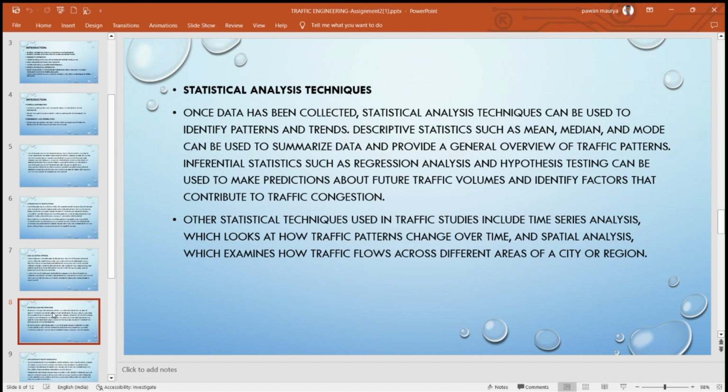Statistical analysis techniques. Once data has been collected, statistical analysis techniques can be used to identify patterns and trends. Descriptive statistics such as mean, median, and mode can be used to summarize data and provide a general overview of traffic patterns.